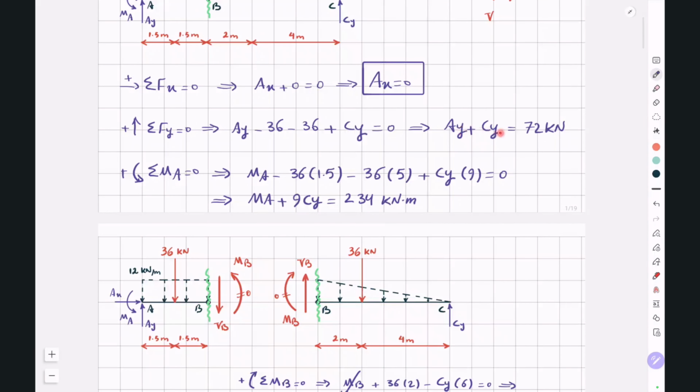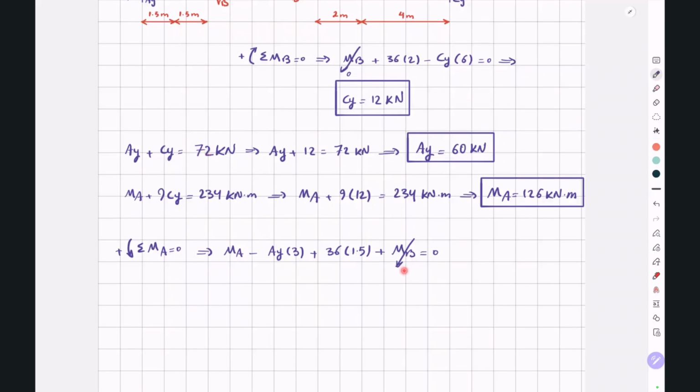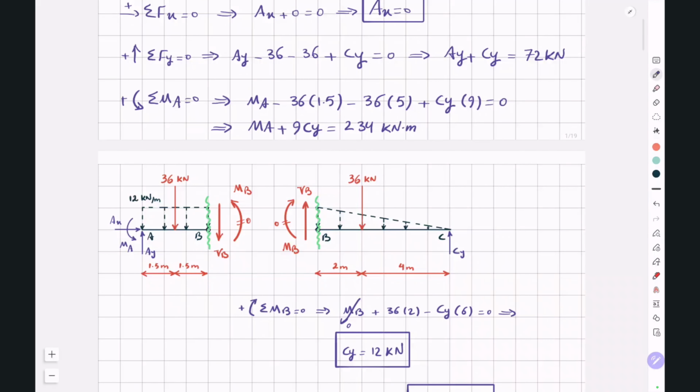And again, we know MB is equal to 0 because the beam can rotate at this point B, and there's no resistance against rotation or bending at the point that we have an internal hinge. So MA minus 3AY will be equal to negative 54 kilonewton meter.